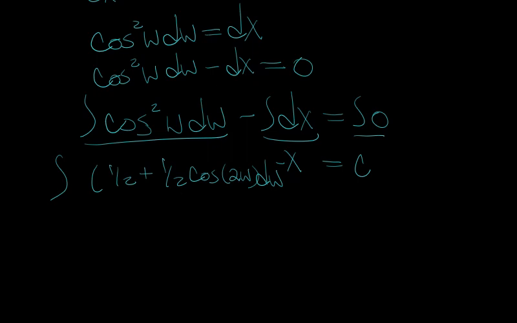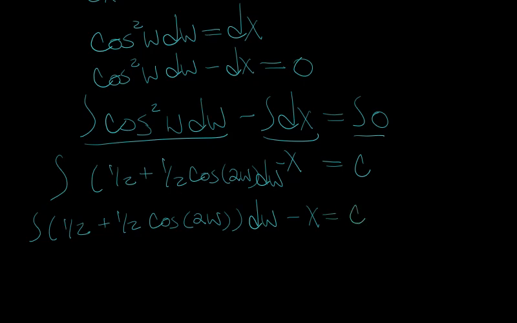What I wrote above was really choppy, it wasn't neatly written by any means. So the integral of 1/2 plus 1/2 cosine 2w dw minus x equals our constant of integration.